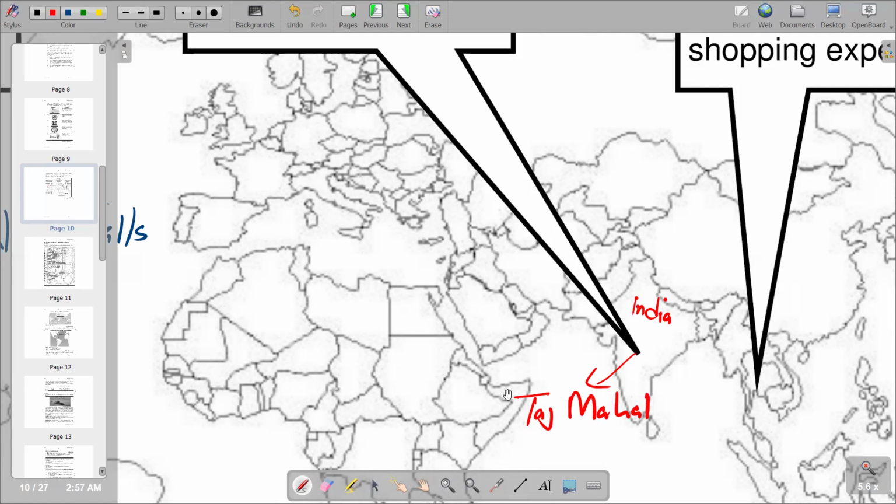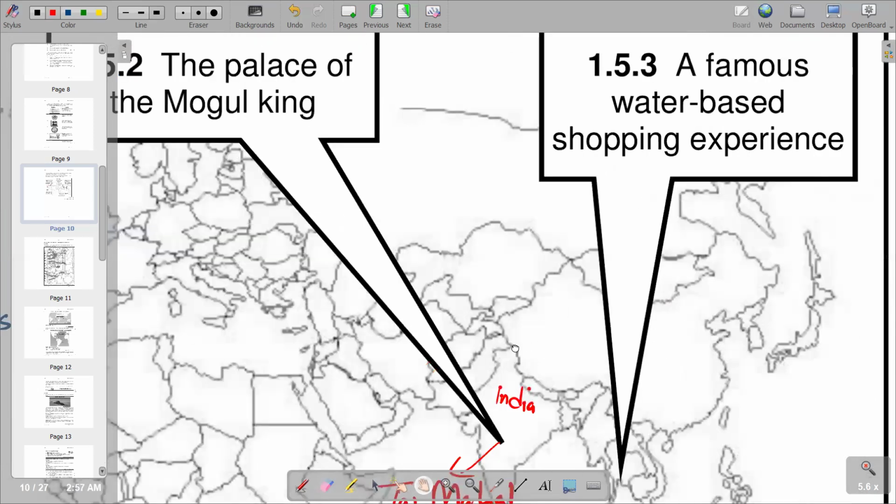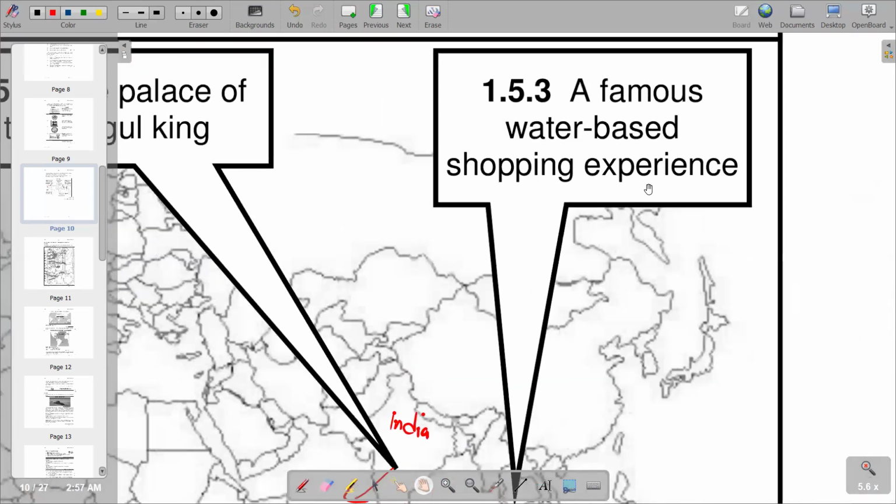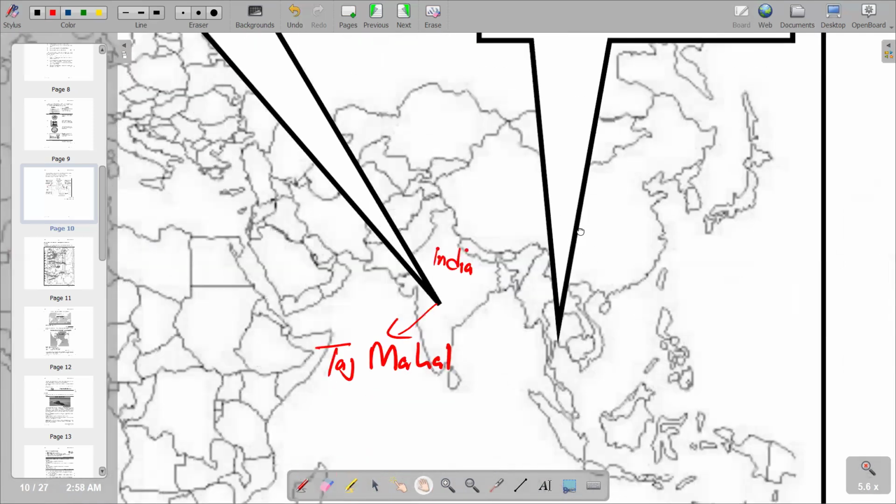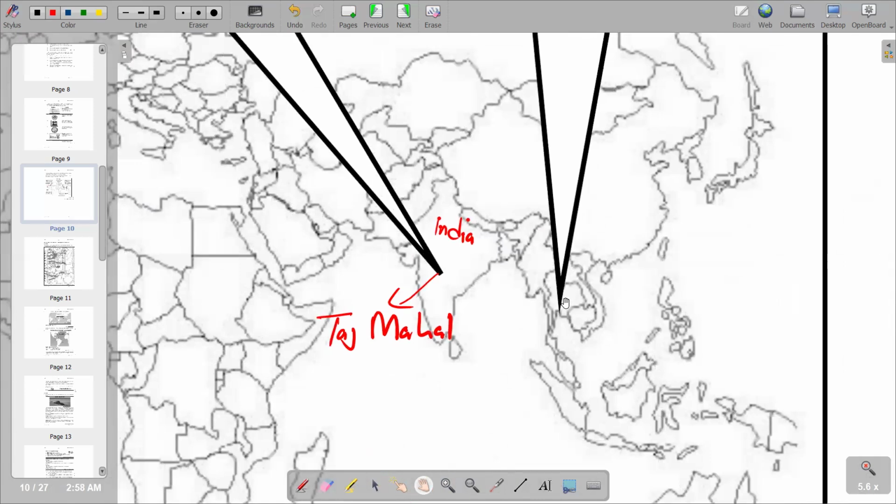Then I'm moving on to the next one, whereby it's written 1.5.3, a famous water-based shopping experience. So basically, we again follow the arrow, and you see that we have a country here, which we need to identify and try to find out which icon is being referred to. So you'd see that this is Thailand. So we can just indicate that this is Thailand.